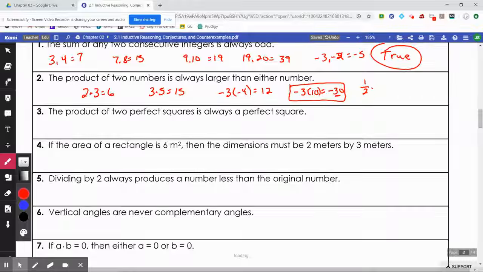What if you did 1/2 times 6? You get 3. Now, is that bigger than either number? That's bigger than 1/2, but not bigger than 6. So a couple of counterexamples there. So this is a false statement. That is not always true. If you can come up with a single counterexample, then that's not going to be a true statement.